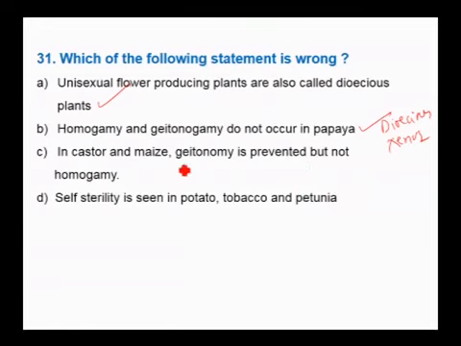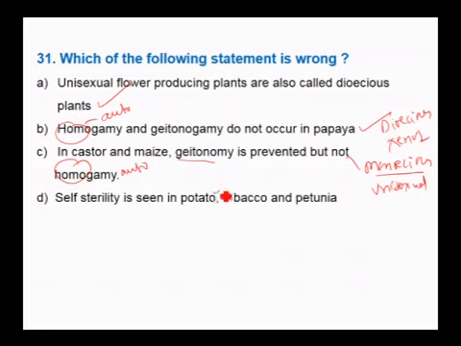See, homogamy can be prevented. Homogamy or autogamy is prevented but not geitonogamy because these are monoecious. In monoecious plants, you can read homogamy as autogamy, that is pollination within the flower, because they produce unisexual flowers, but the plant is bisexual.